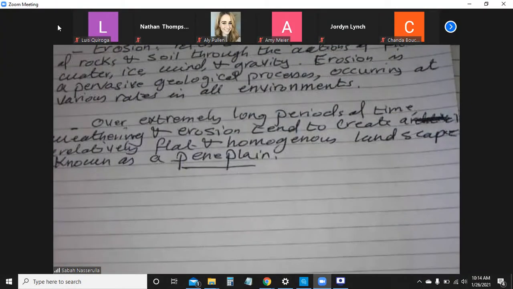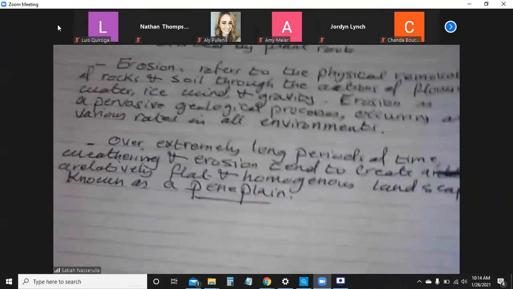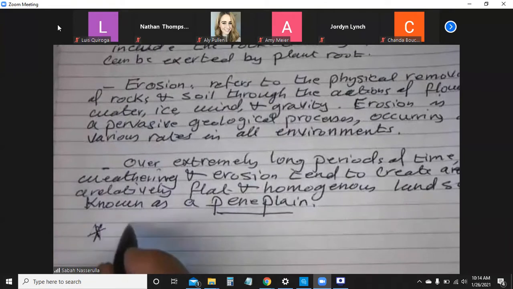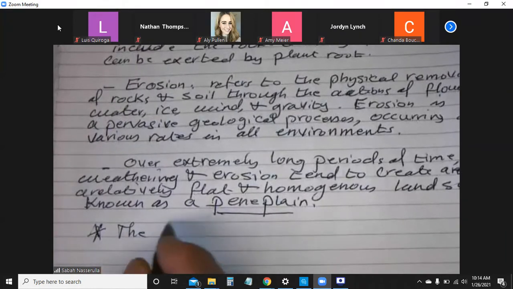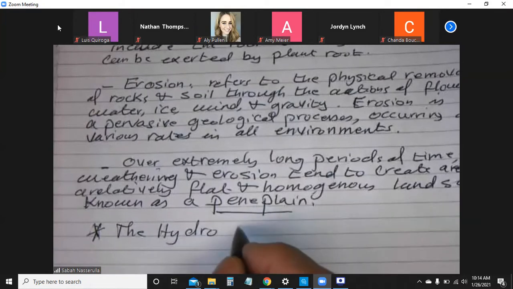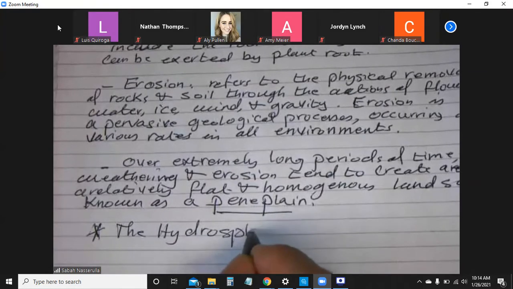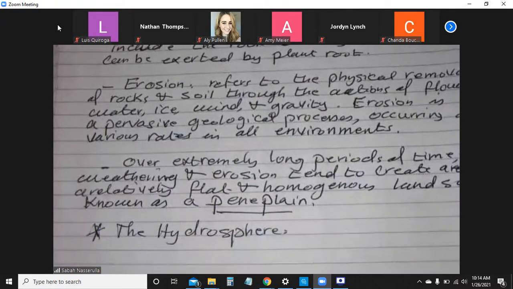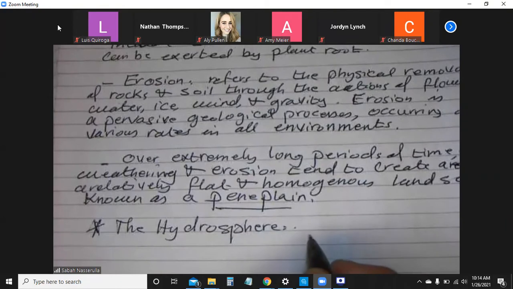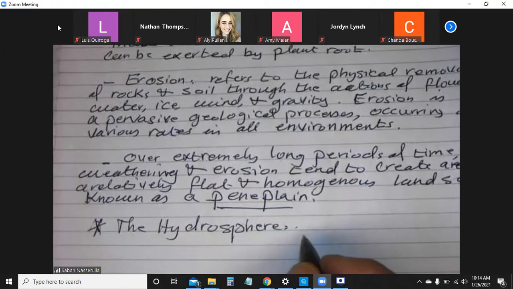Then we're going to talk a little bit about the hydrosphere. Of course, as you already know, in this case, basically that of the ocean.